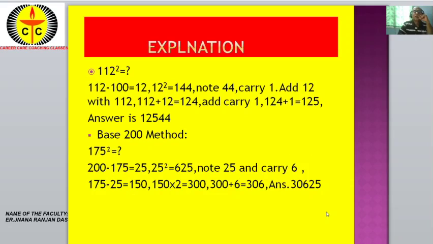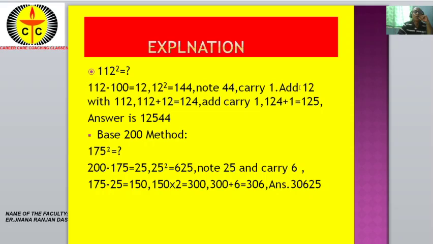Then similarly, we can take another example, that is 112. Similarly, how much is it in excess over 100? It is 12 in excess over 100. Then we find the square of 12, that is 144. Note 44, carry 1.